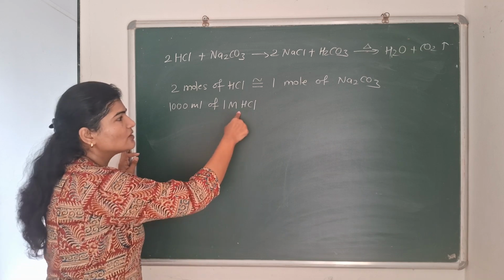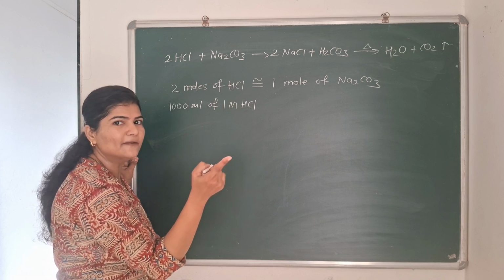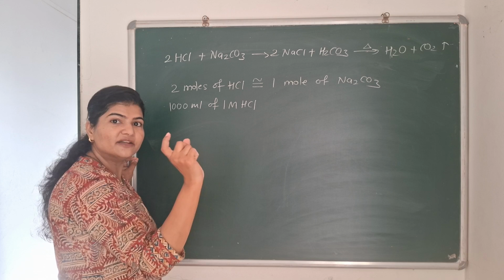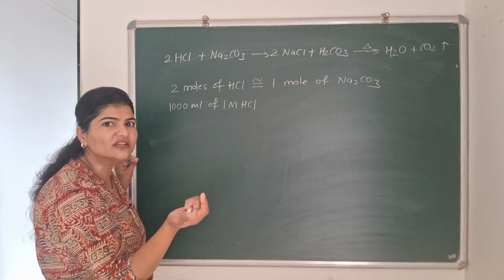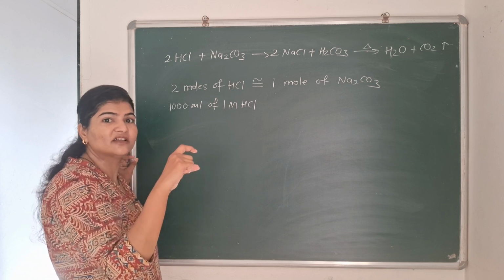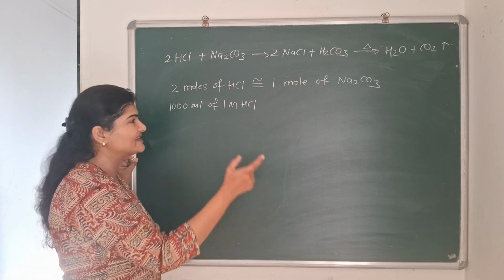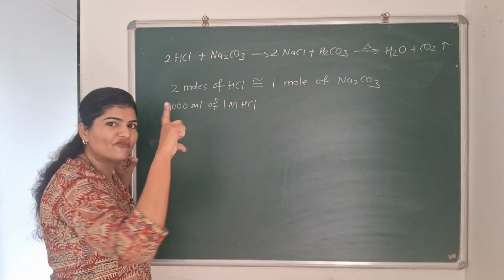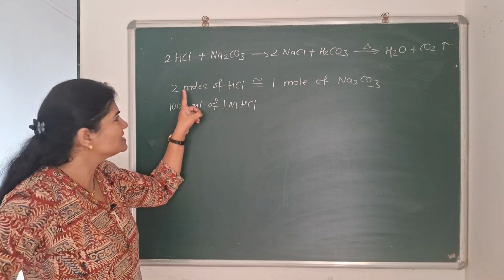How is the 1 molar HCl solution prepared? By dissolving the molecular weight of HCl, or the required volume of HCl in the case of acids. They are liquid, so we cannot say molecular weight in grams, but the desired volume of that acid in 1000 ml of volume. So it gives me 1 molar, 1000 ml means 1 mole.